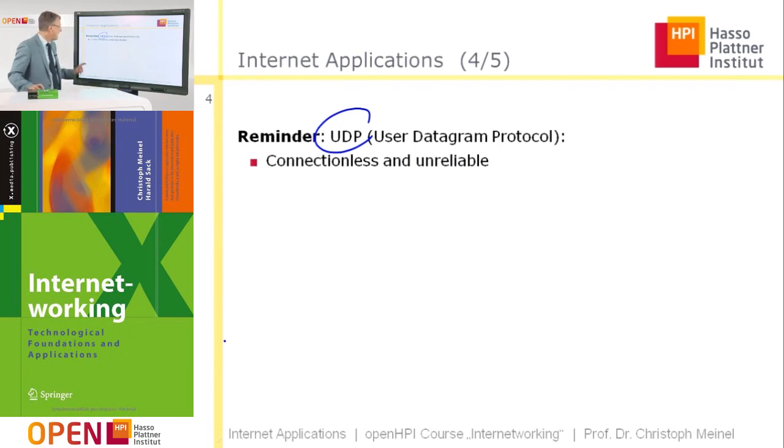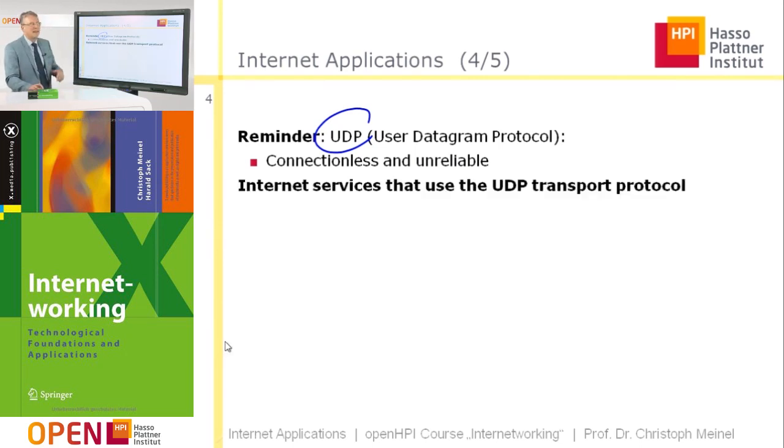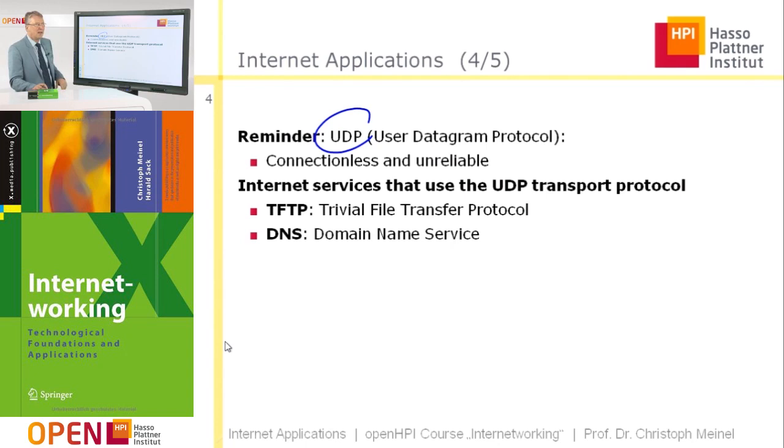It was unreliable, and a lot of Internet services also make use of the UDP protocol, either in parallel to the TCP protocol or instead of the TCP protocol. For example, the trivial file transfer protocol that's working with UDP hands over data that needs to be transported over the Internet to the UDP protocol.